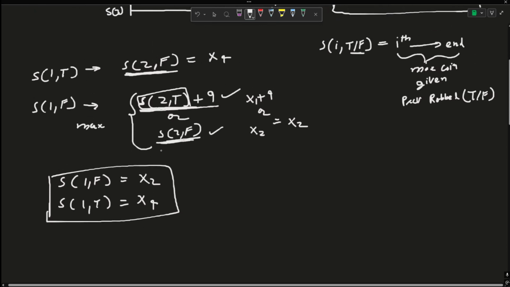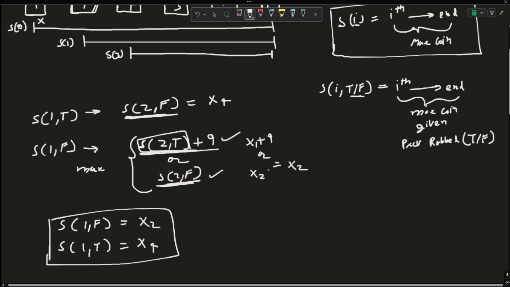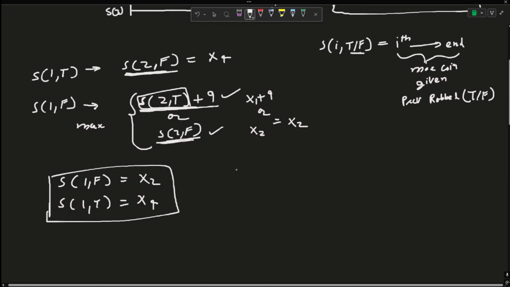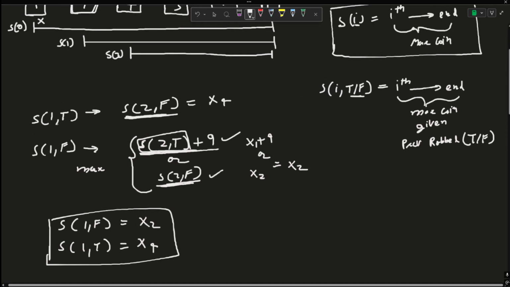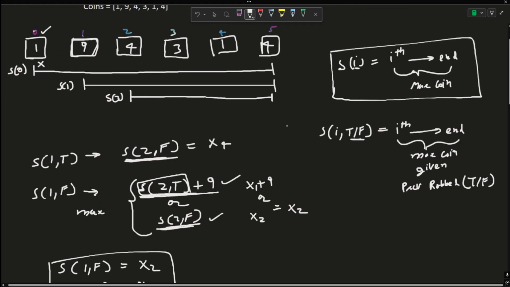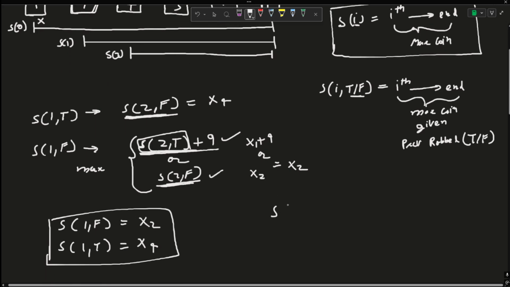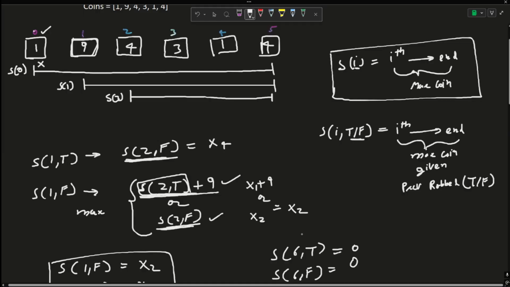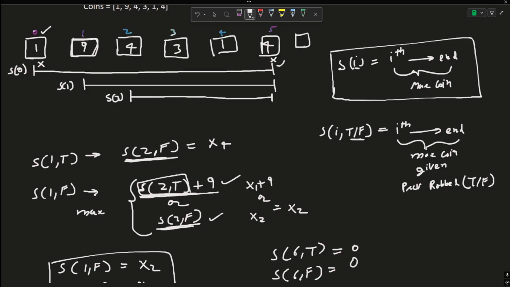Now there is one base case we have to mention, because otherwise it will go till the end, like it will calculate s1, s2, s3, s4, s5, because s1 requires s2, s2 will require s3, s3 will require s4, so it will go on. But at the end, when it reaches s6, no matter whether we calculate s6t or s6f, both would give us 0, because there is no sixth house. So it does not matter if we rob this or we didn't rob this.